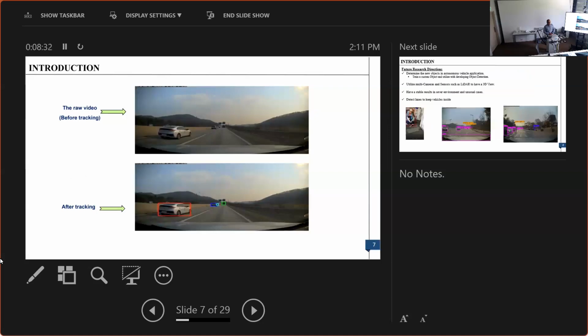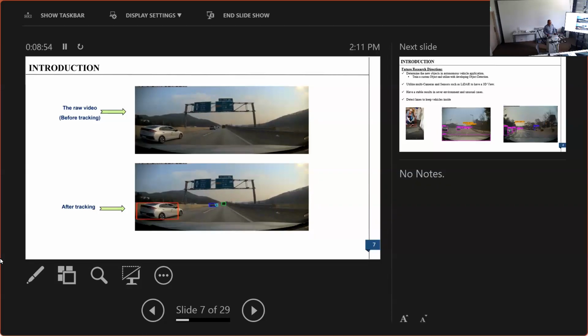After that, I tried to collect real data. One guy, when I was in Korea, helped me to collect those data. He had one camera in his car, a black box, so he gave me several videos. For example, this is a real video from his car, and I applied my algorithm.